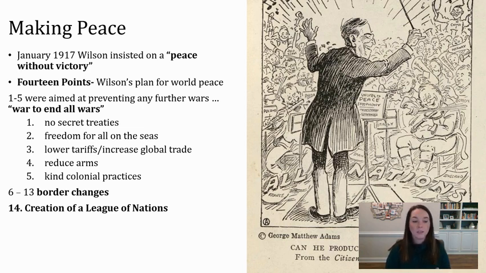His idea was to create a group, basically think of the United Nations, of world powers where when there's a conflict, they all come together and talk it out. So it's a diplomatic league in order to prevent the escalation that occurred with World War I.